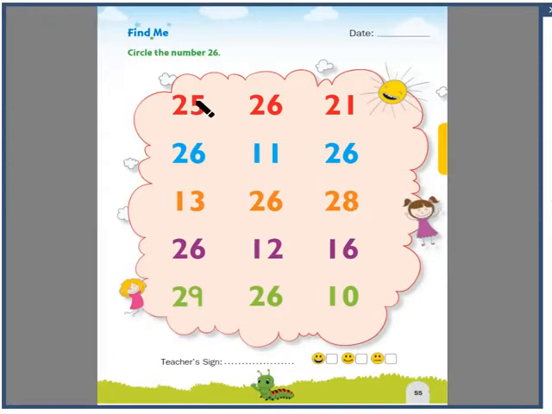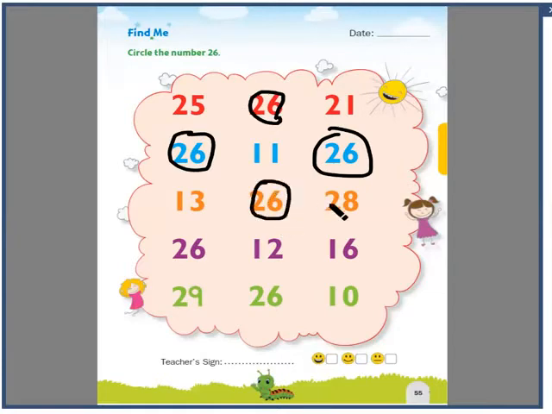2, 5, 25. 2, 6, 26. Yes, this is 26. 2, 1, 21. 2, 6, 26. Again, here it is 26. 1, 1, 11. 2, 6, 26. 1, 3, 13. 2, 6, 26 again. 2, 8, 28. 2, 6, 26.